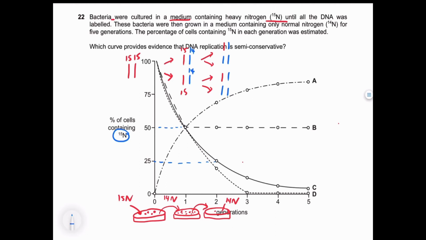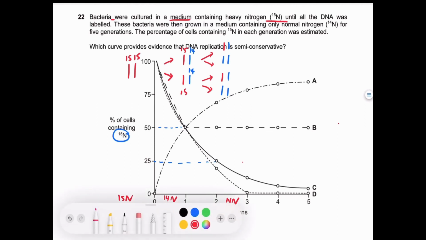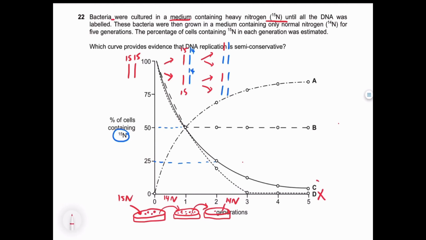The 14N DNA strands will be getting more, and the initial two 15N strands will always be there, but the percentage will be decreasing. Ultimately it will be C or D, but your answer cannot be D because the 15N nitrogen will forever be there. So the answer will be C.